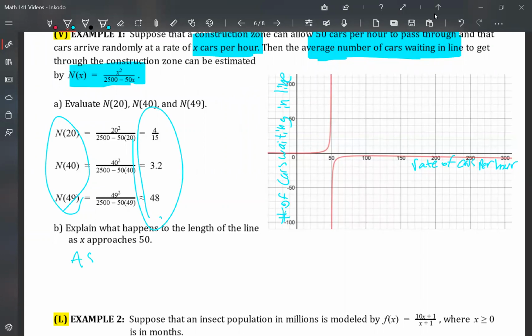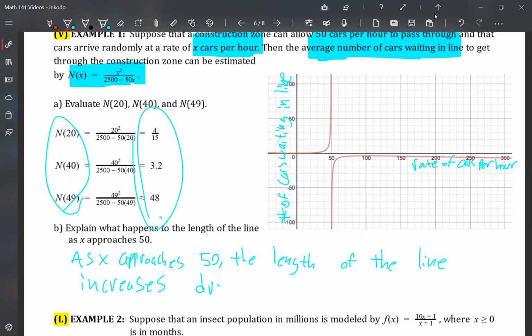So as x approaches 50, the length of the line is increasing dramatically. So that's a nice application problem for our rational functions.